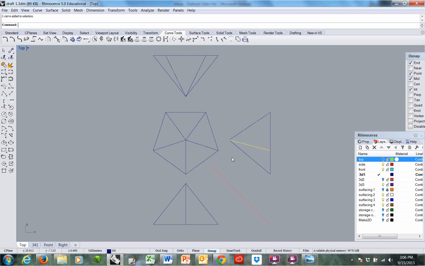Okay? This line represents this corner. This front line here on the side view represents this crease. This line represents the edge of this plane. This line represents this corner and the widest point of the pyramid.